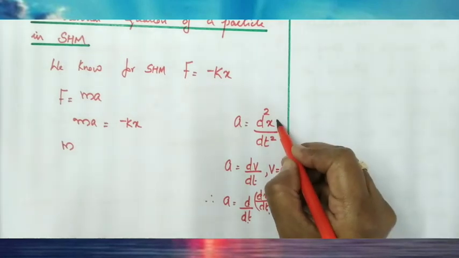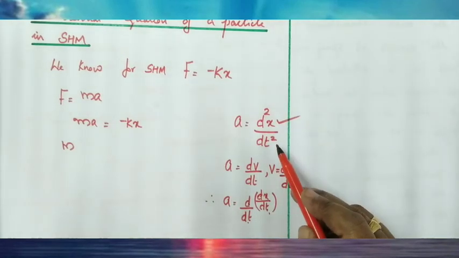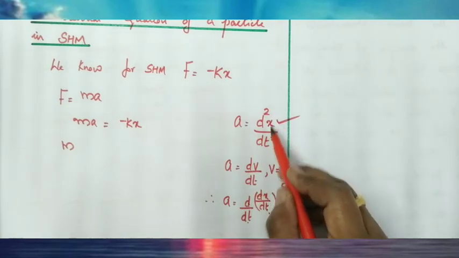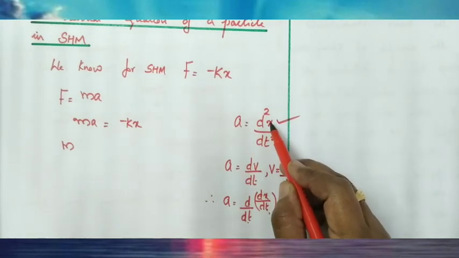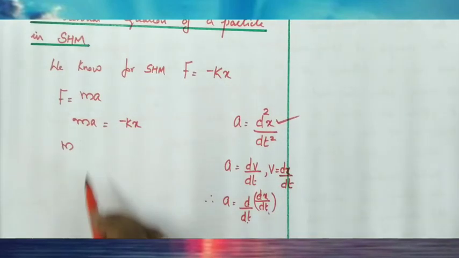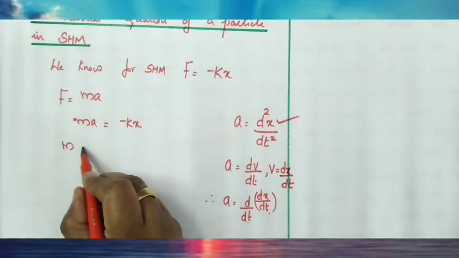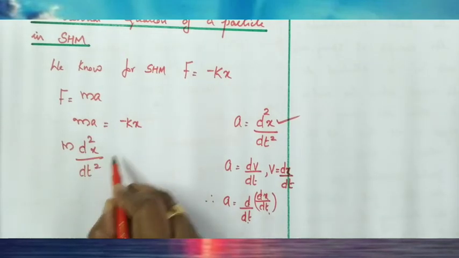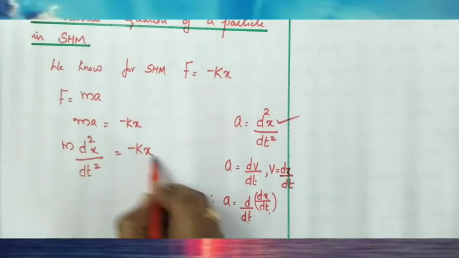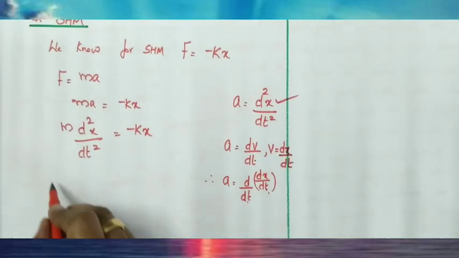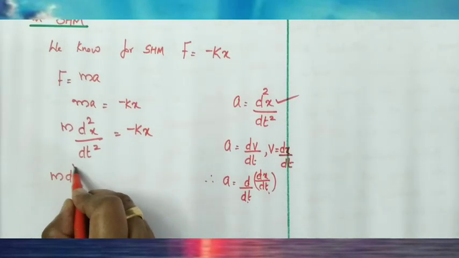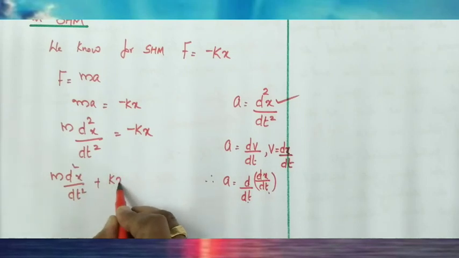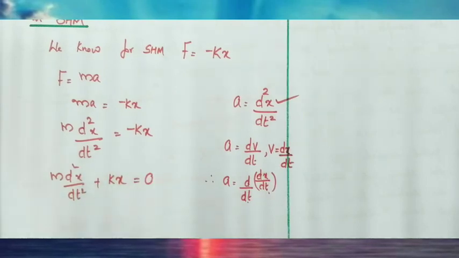So acceleration is given by d square x divided by dt square, where x represents the displacement, and hence we can write d square x divided by dt square equal to minus kx. Rearranging it, m into d square x divided by dt square plus kx equal to 0.